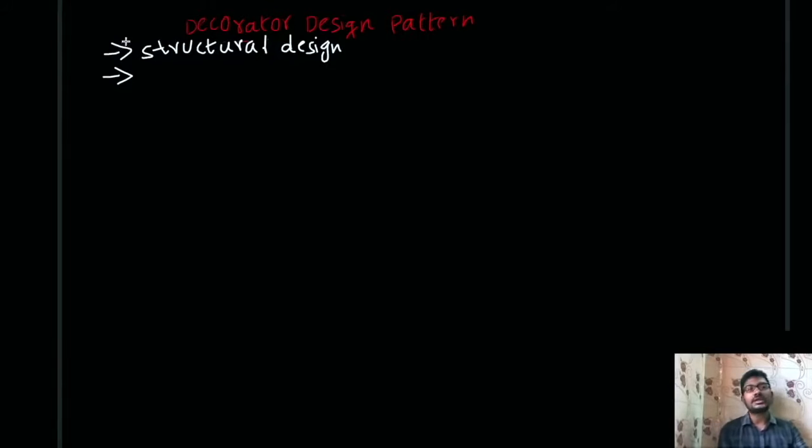So this is the definition: additional responsibilities for an object at runtime. We are adding additional responsibility to an object at runtime without affecting the base object. That's the important point. We will try to explain this using some real life example.